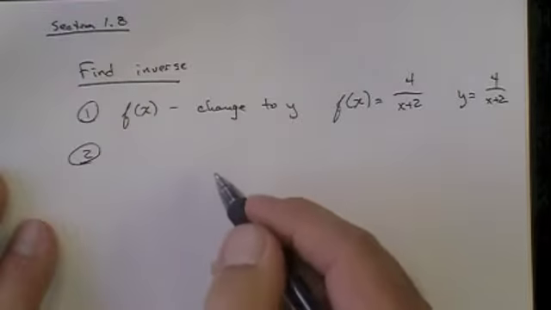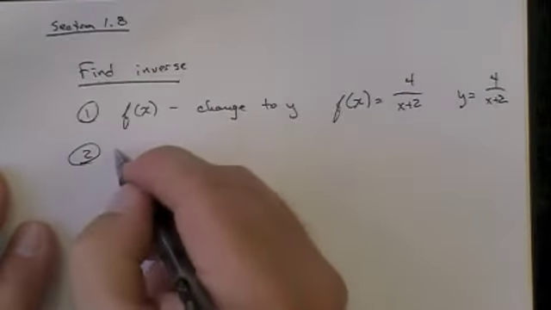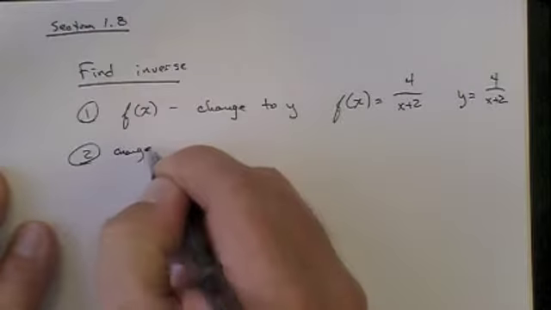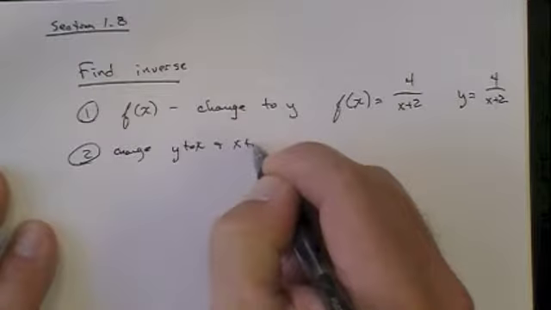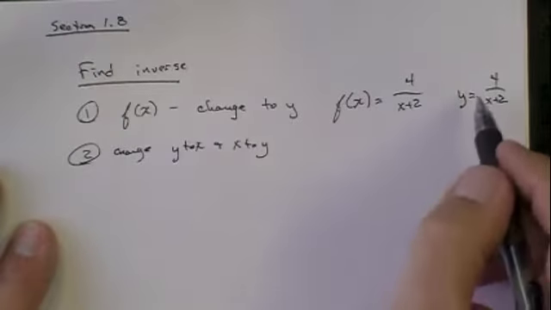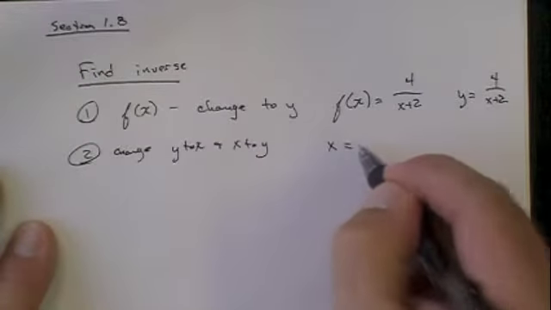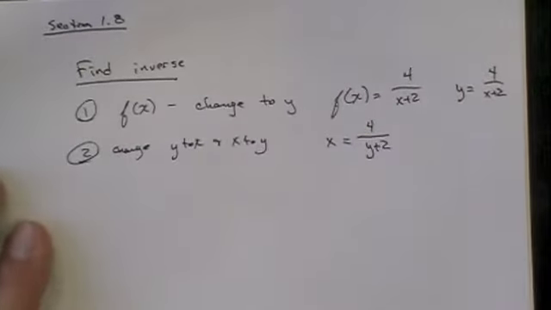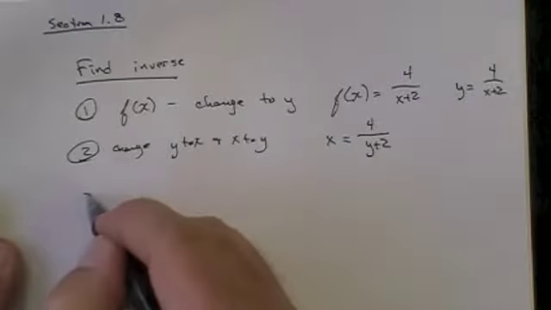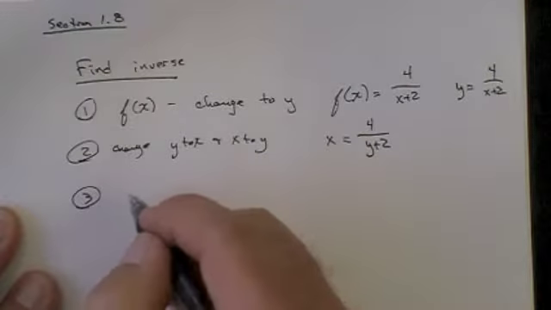Second step, we're going to change the y to x and the x to y. So going back to this, now we have x equals 4 over y plus 2. Next step, we're going to solve for y.